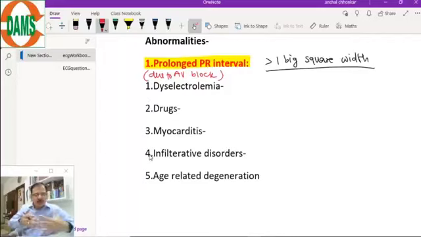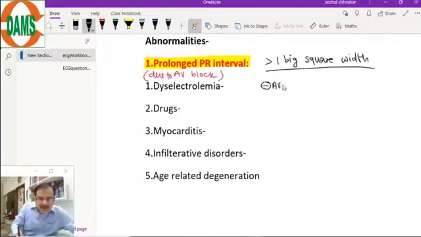Conduction is slowed down. So the causes of the conduction of the AV node getting slowed down, the first cause is electrolyte imbalance. And can anyone tell me which electrolyte imbalance inhibits AV node depolarization?